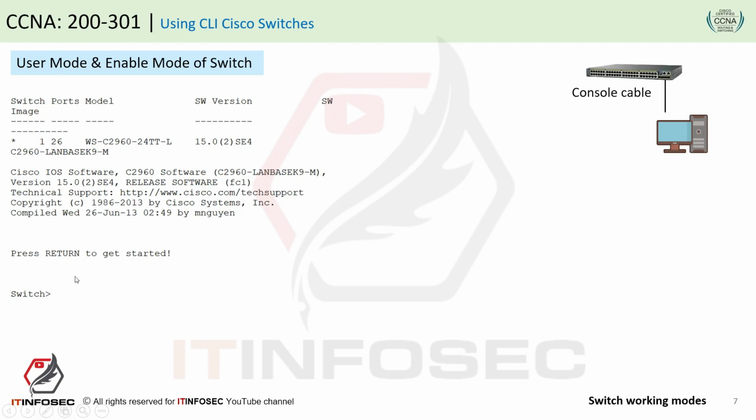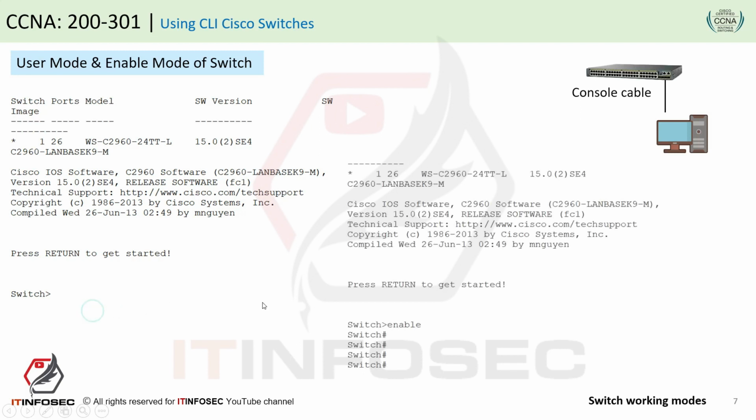This shows that we are in user mode. Another mode is enable mode, or privilege mode. When we enter the command enable and hit enter, we will get this prompt, and this shows we have entered enable mode.